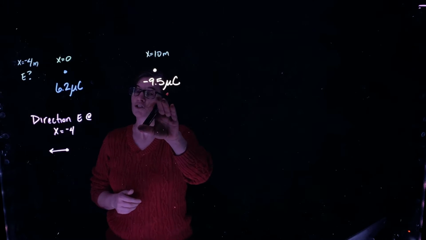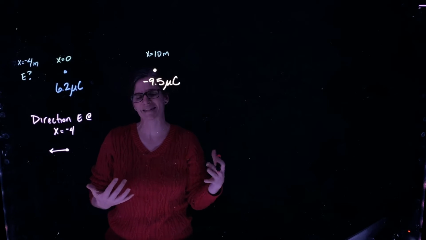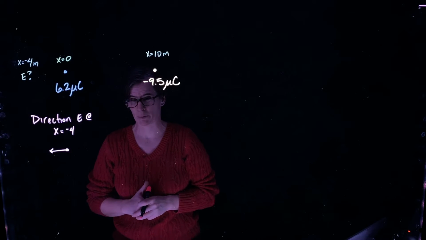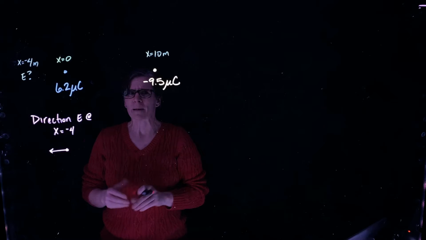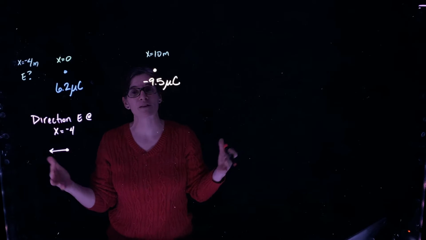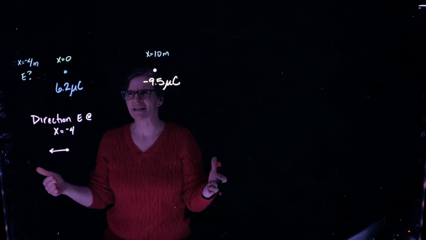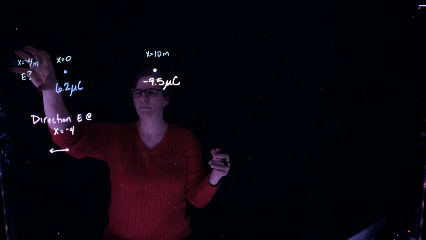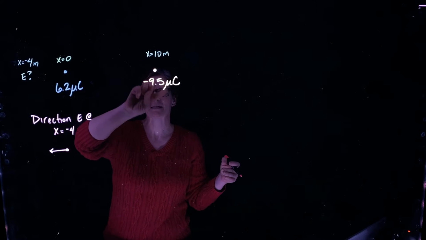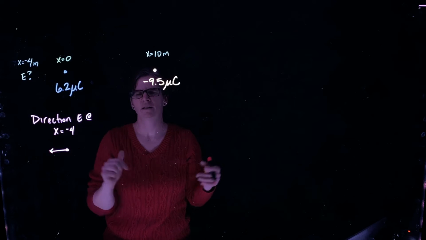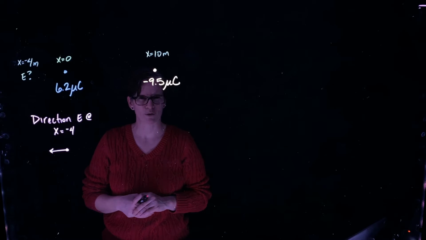Now this is a larger charge, and so the influence at any given radius may be larger than my 6.2 microcoulomb charge, but it's pretty far away, and we know that the electric field is dependent on the square of the radius. So we probably expect that the force on my test charge is going to be smaller from charge 2, my negative 9.5, than from my positive 6.2, which is closer.